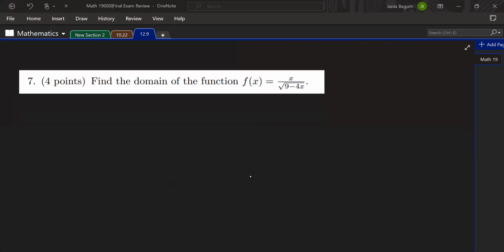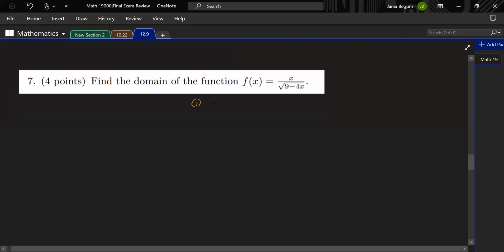So we have a denominator, right? And we also have a radical on the denominator. So we have to consider two things really. One, that the denominator is not 0.